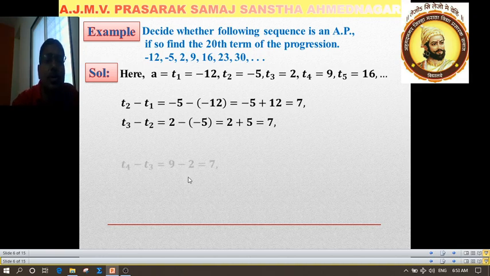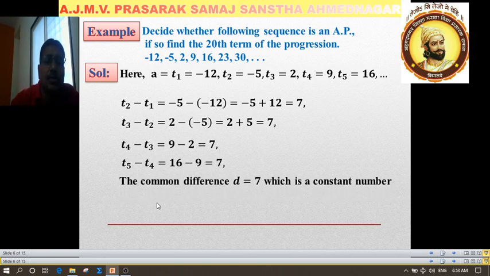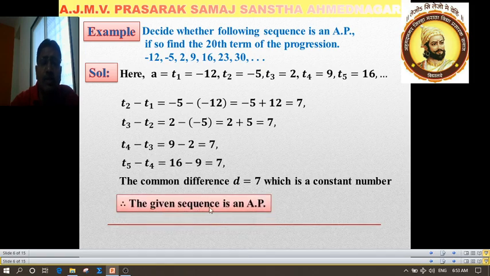So T3 minus T2 is also 7. T4 minus T3: 9 minus 2 is equal to 7. T5 minus T4: 16 minus 9 is equal to 7. Therefore, the common difference d is equal to 7, which is a constant number. Therefore, the given sequence is an arithmetic progression.